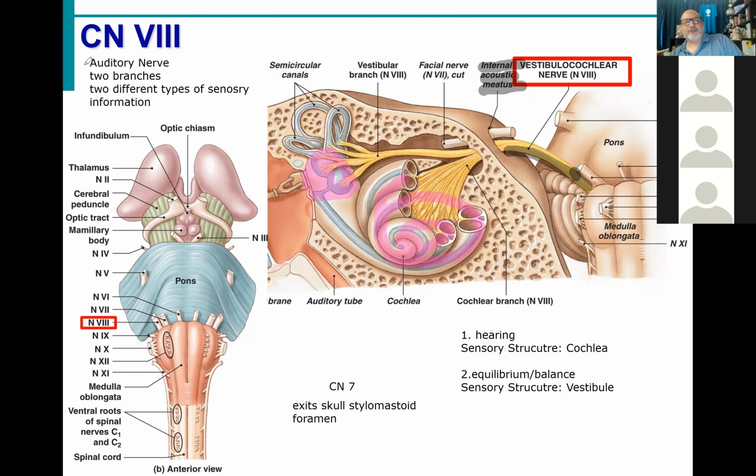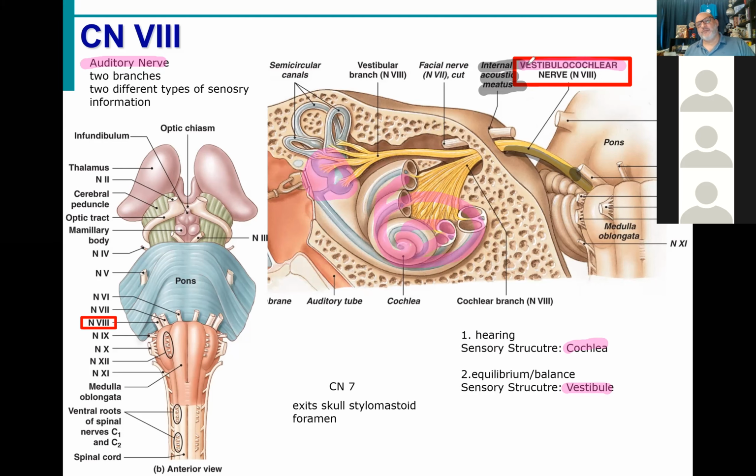So rather than the disservice of going with this name that really wasn't indicative of what it does, instead, they changed the name of this to emphasize the two special sensory structures. So cranial nerve 8 now is much harder to spell, vestibulocochlear, but like most of the alphabet soup names that we are responsible for, its name tells us what it is.